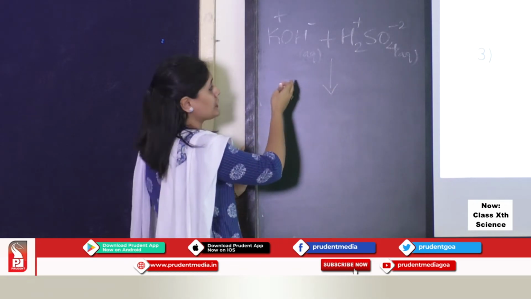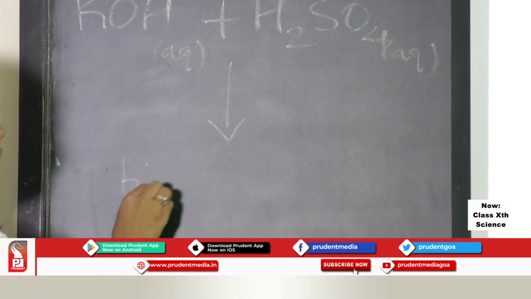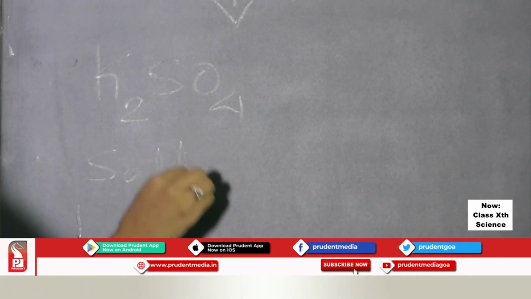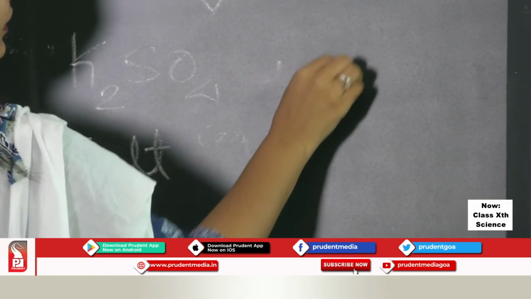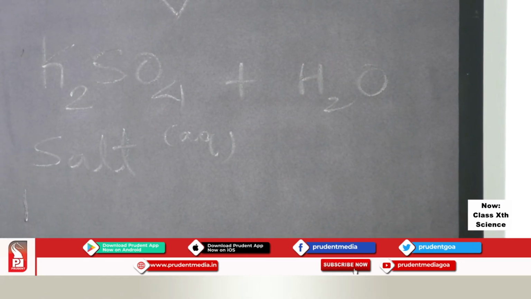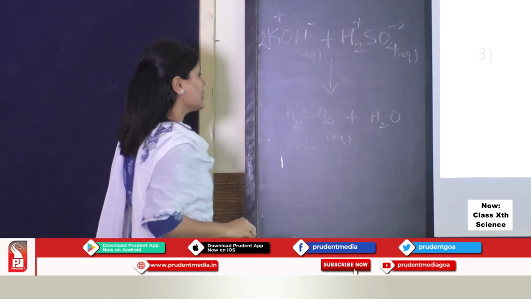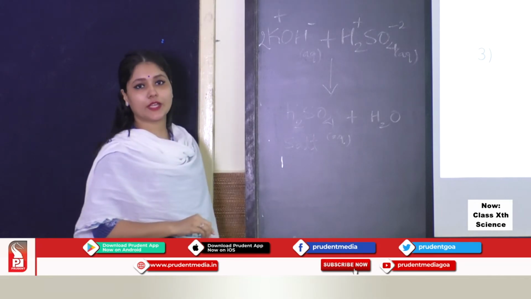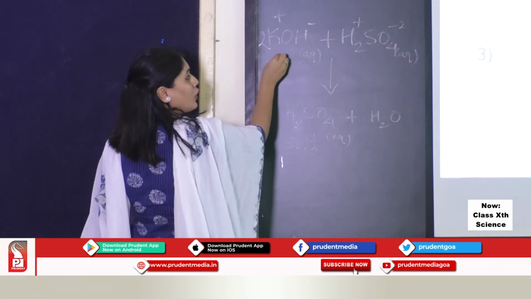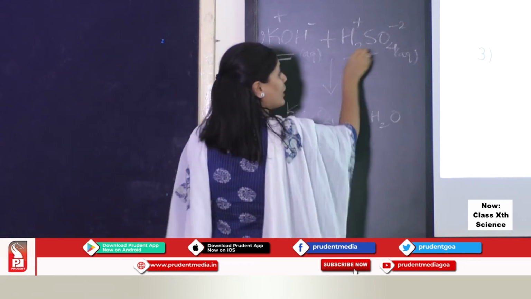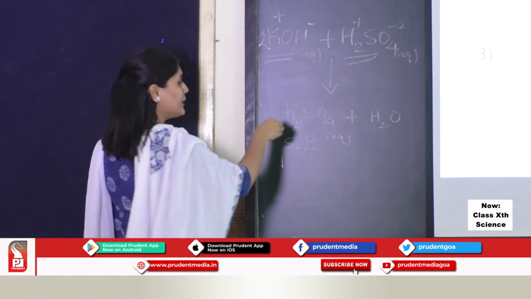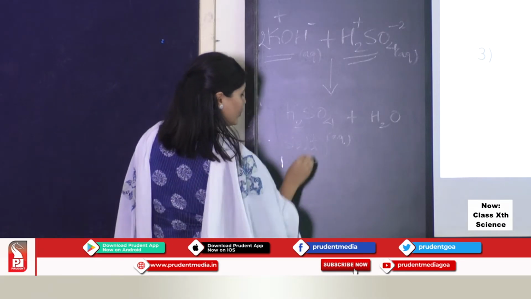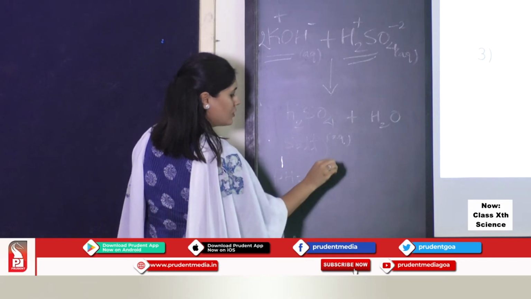Since it is a double displacement reaction, we get potassium sulfate, K2SO4, which is your salt, and H2O. So 2KOH + H2SO4 gives K2SO4 + H2O. Here you have a strong base, potassium hydroxide, and a strong acid, sulfuric acid, giving salt, potassium sulfate, and water. The pH of this salt is equal to 7, hence it is neutral in nature.